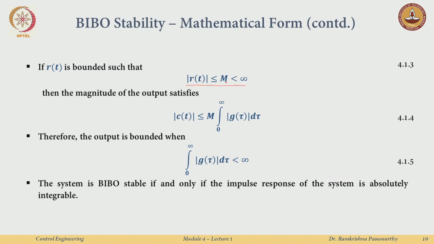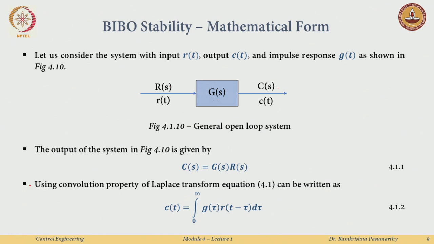So, the input is bounded and then the magnitude of the output. So, I could just say, okay, so this C of t, if I just look at the absolute value of it, C of t is integral 0 to infinity G tau R t minus tau d tau, and I just take the absolute value to the inside, I get this one, 0 to infinity absolute value of G tau R t minus tau d tau.